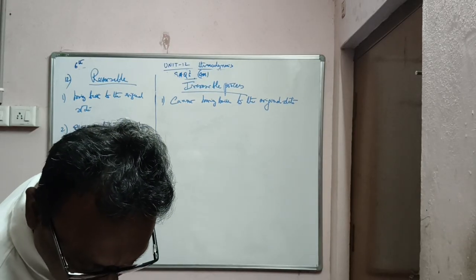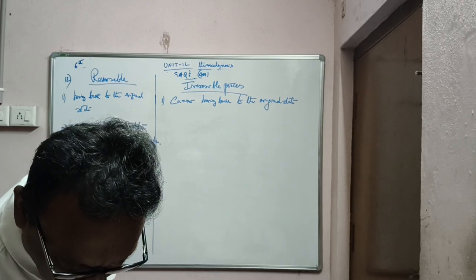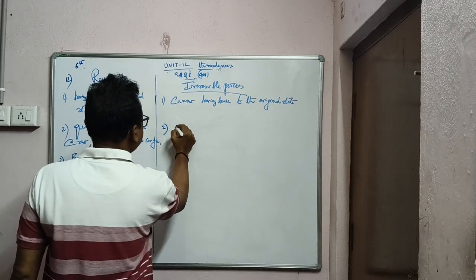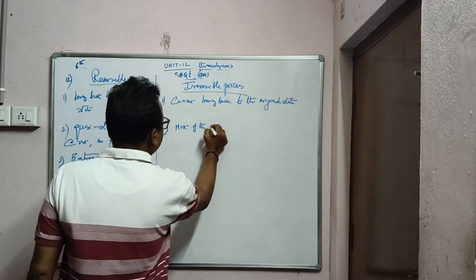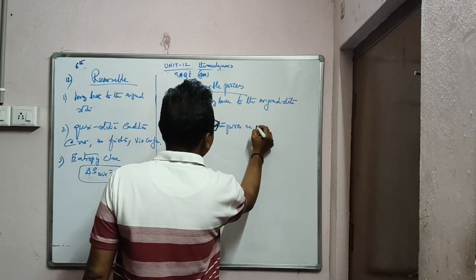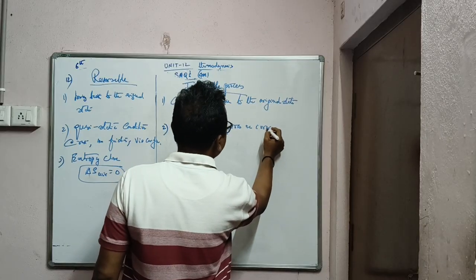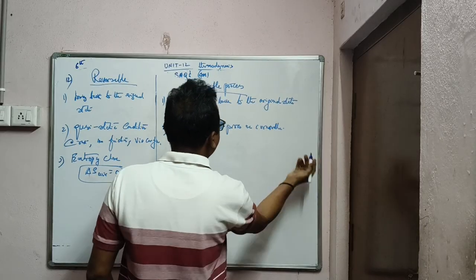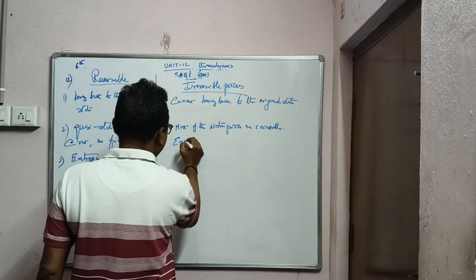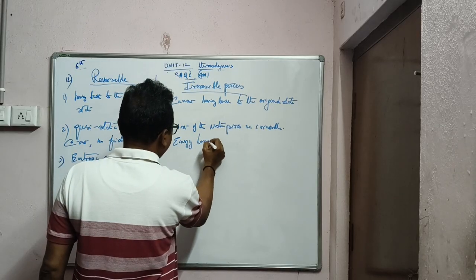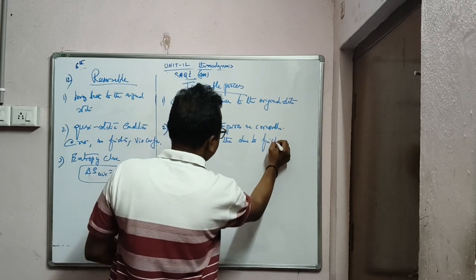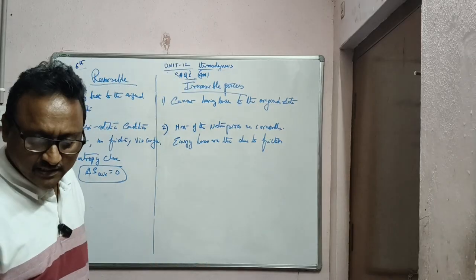Most natural processes are irreversible. They have loss of energy due to friction and turbulence. Most of the natural processes are irreversible because they cannot be brought back, because due to friction energy losses are there.